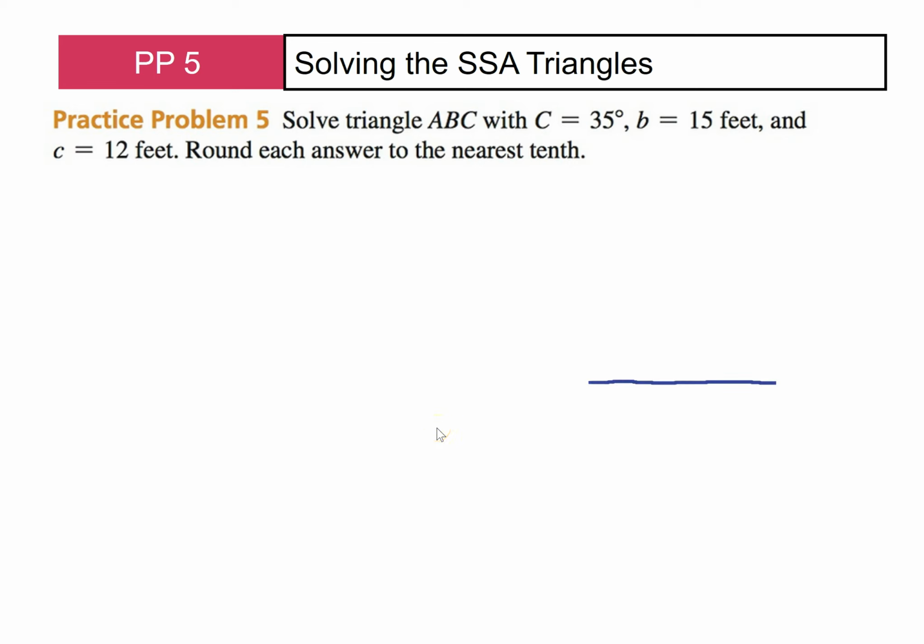Notice I don't know angle A anymore. Actually, I know angle C this time. So that's okay. What I'm going to do is label the triangle a little differently. C is going to be down here, and that's going to be 12.